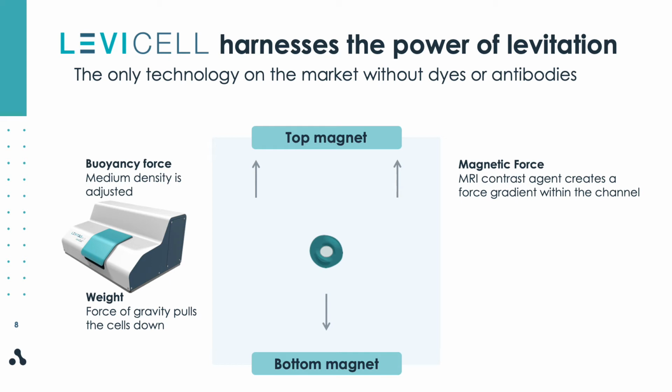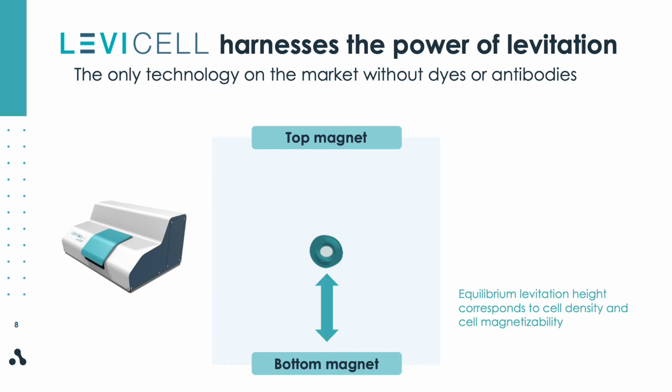On one hand, the force of gravity is pulling the particle down, and at the same time, the molecules of MRI contrast agent are pushing it up. So if we take a particle of an average density, it will end up somewhere in the middle of the channel because the actual equilibrium height of the particle is directly correlated with its density.